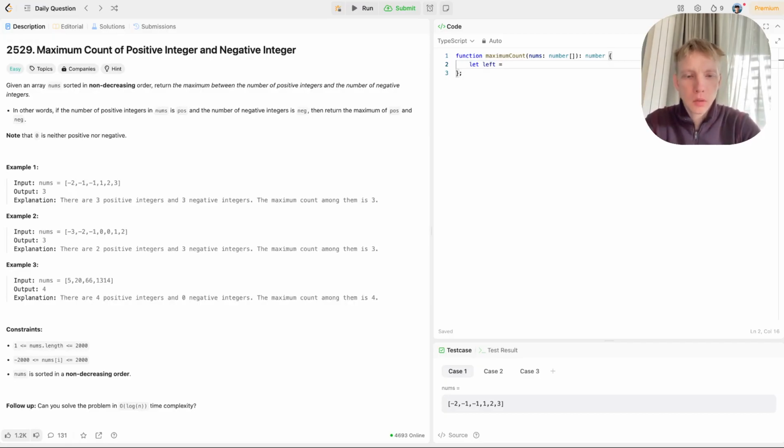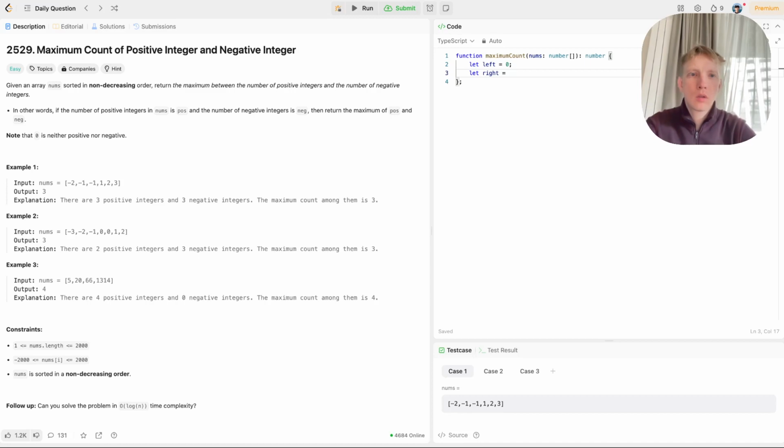Left equals 0, right equals nums length minus 1.